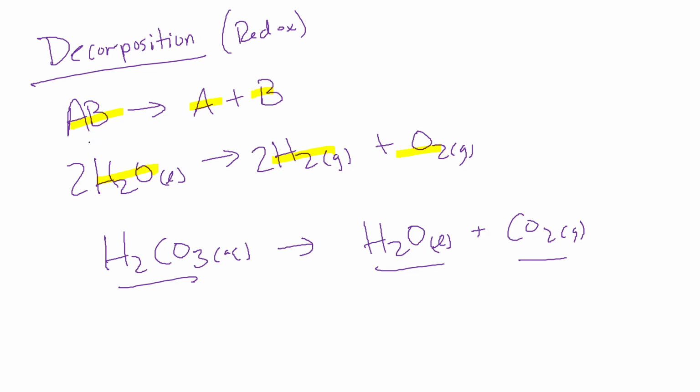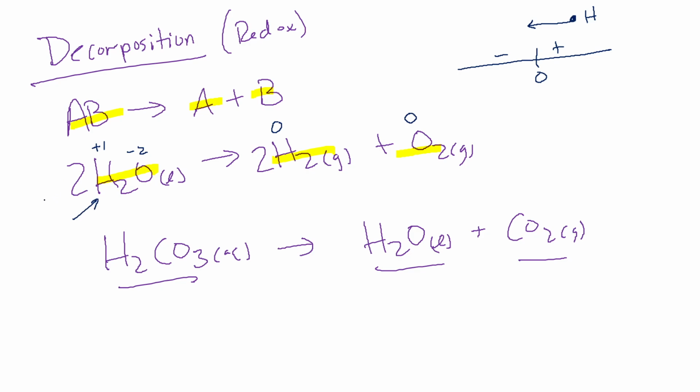The oxygen here in water actually has a -2 charge. The hydrogen actually has a +1 charge. On the right-hand side, hydrogen is how it naturally comes, no charge. Oxygen, how it naturally comes, no charge. Once again, if we look at our handy dandy number line here, hydrogen is starting at +1, maybe about here, and ending on the right-hand side in this reaction at 0, moving in the negative direction.